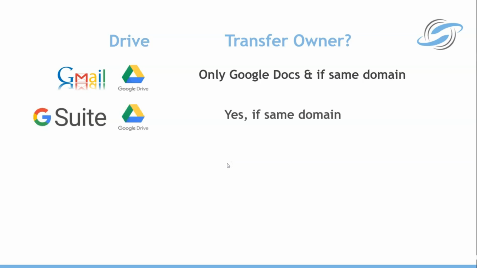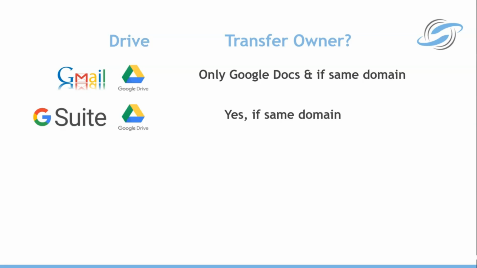However, if you're using G Suite, so you have a Gmail account, but it's in your domain, so therefore it's steve@mycompany.com, but it's hosted with G Suite, then you can transfer from one account to another user. You do have to be in the same domain, so you'd have to buy a license for everybody in your company. That's every contractor, every employee.